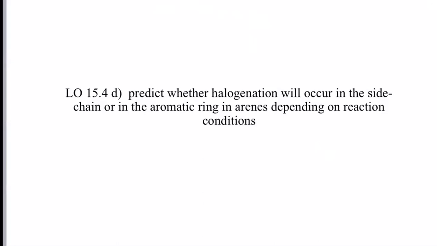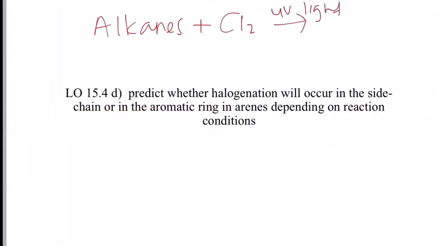The next learning objective is to predict whether halogenation will occur in the side chain or in the aromatic ring, depending on the reaction conditions. As you all know, alkanes can react with chlorine under UV light. Alkenes can react with chlorine with no special condition.